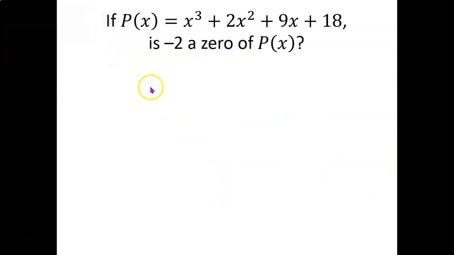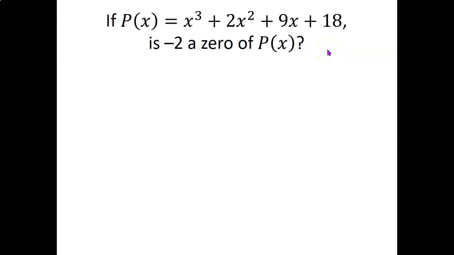Next example. If p of x is, for this example, the polynomial function x cubed plus 2x squared plus 9x plus 18, is negative 2 a 0 of p of x? One way to find out is to plug in negative 2 for x and do the calculations.